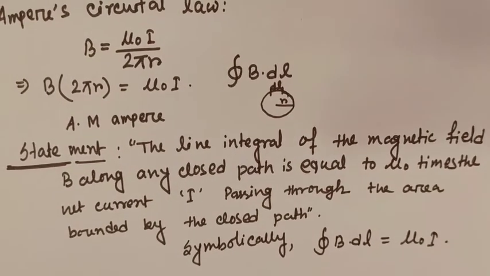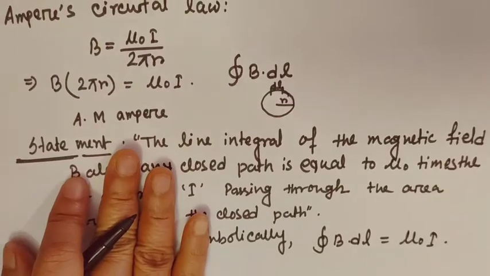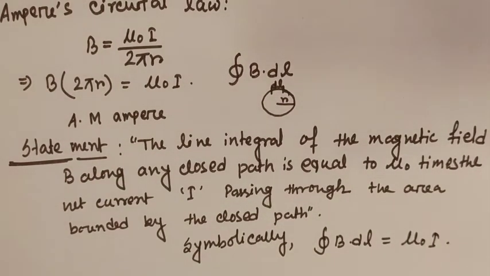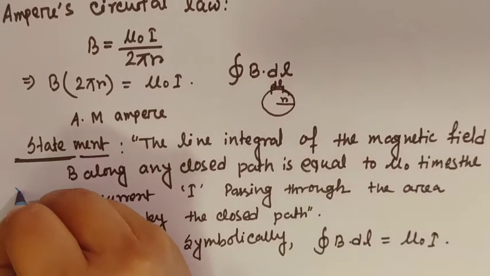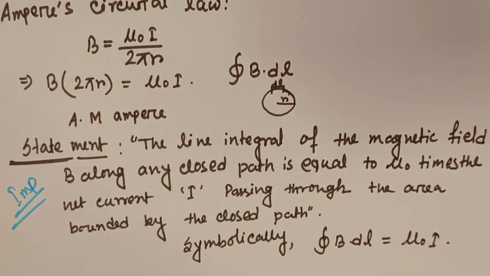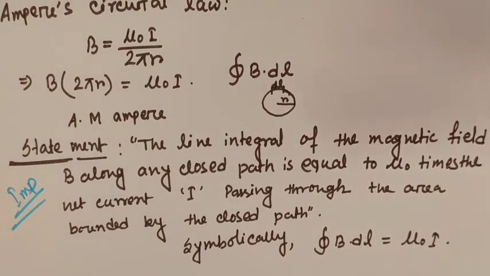So for 1 or 2 marks, this statement of Ampere's law is very, very important. So mark the statement of Ampere's law as important for 1 or 2 marks. Okay. Although derived only for the special case of the field of a number of long straight parallel conductors, the law is true for conductors and paths of any shape.